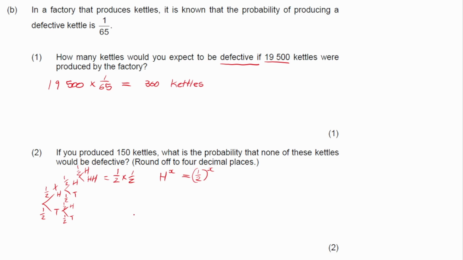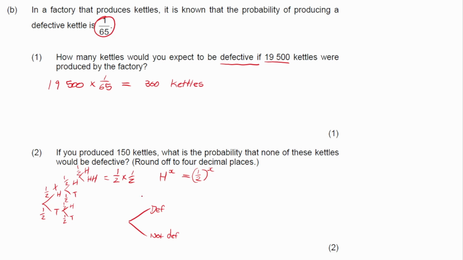So you can think of this with the kettles. The probability of defective is 1 over 65. So that means if we draw a tree diagram like this, we're going to have defective and not defective.